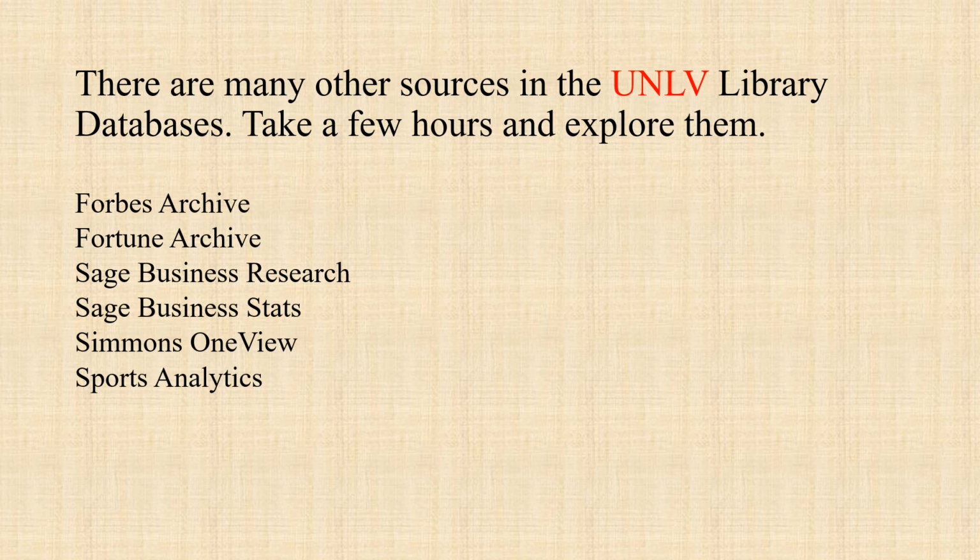These are things that we tend to use on a regular basis. There are all kinds of data available through the UNLV library. My recommendation for you is to take a few hours and learn what's available. It will help you not only in this course, not only in becoming a better marketing planner, but also in your other courses as you go through the university.